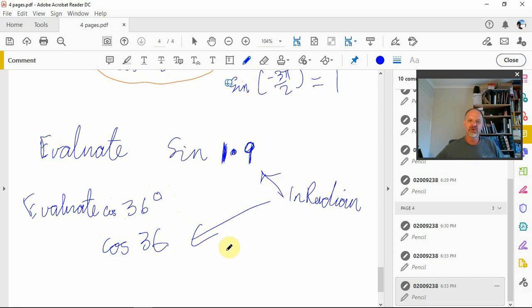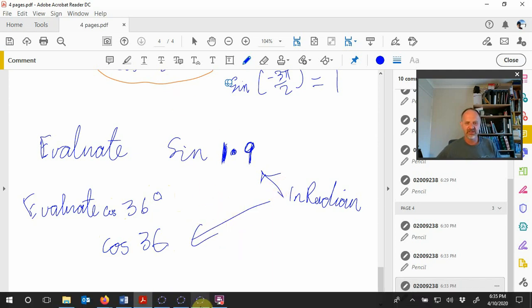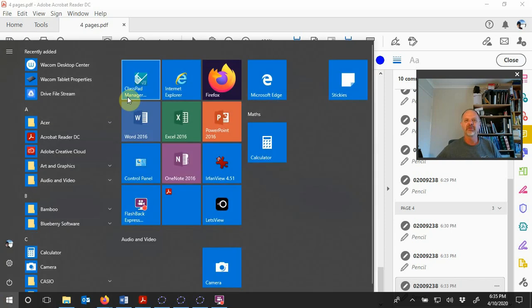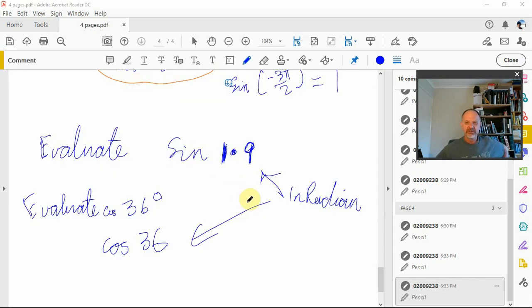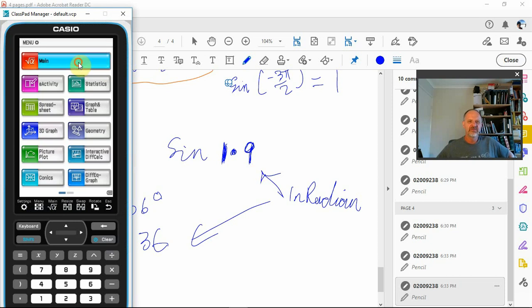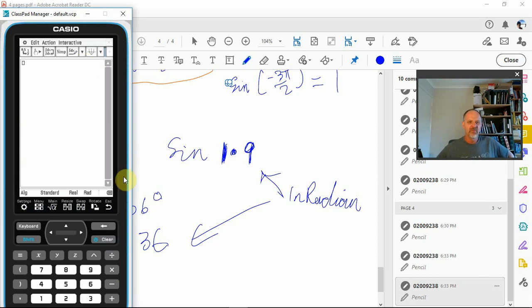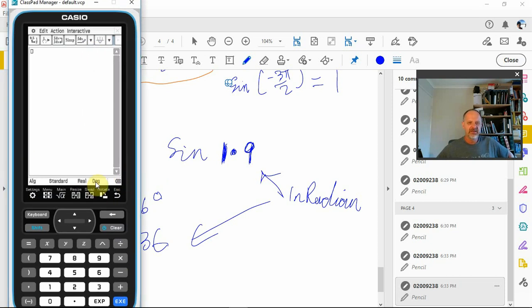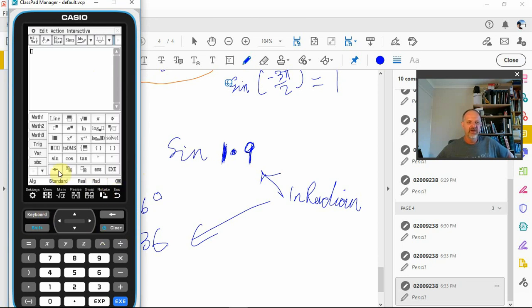All right, so we wanted the sine of 1.9, so let's go to our calculator. I haven't opened it up. Let me open the calculator. So sine of 1.9, down here we make sure we're in rad. Go to our keyboard, sine 1.9, and EXE.